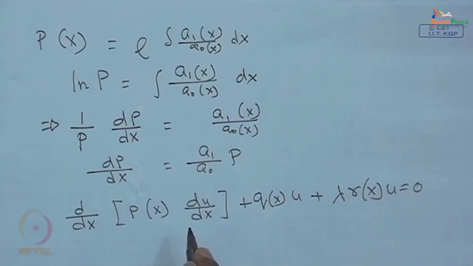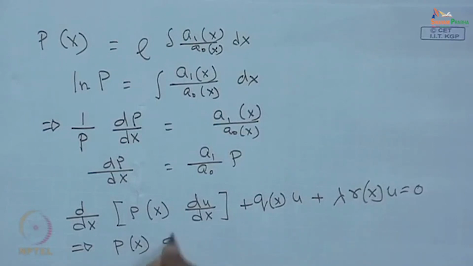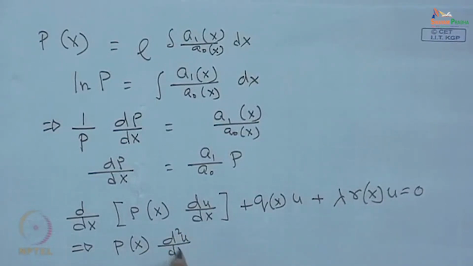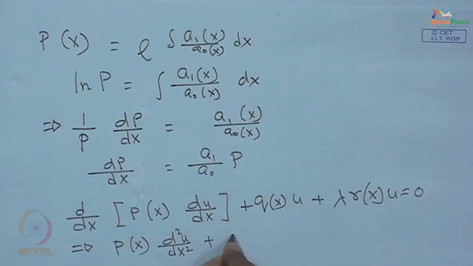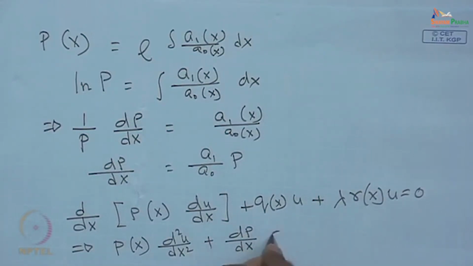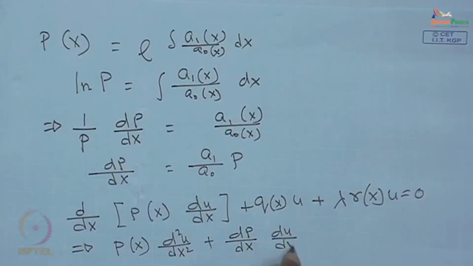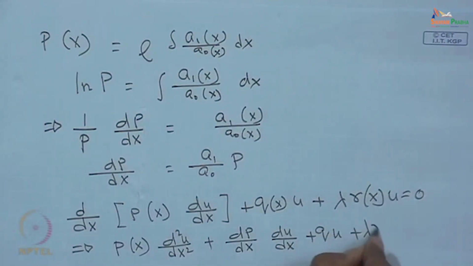Now, what we are going to do? We open this equation up, that means we differentiate this part. So, this becomes p of x d square u/dx square plus dp/dx du/dx plus q u plus lambda r u is equal to 0.